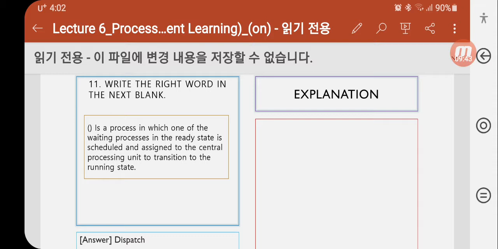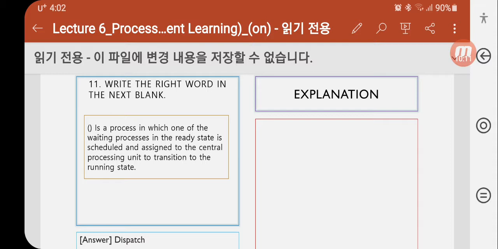Please write the appropriate terms in the following parentheses. Parenthesis is a process in which one of the waiting processes in the ready state is scheduled and assigned to the central processing unit to transition to the running state.